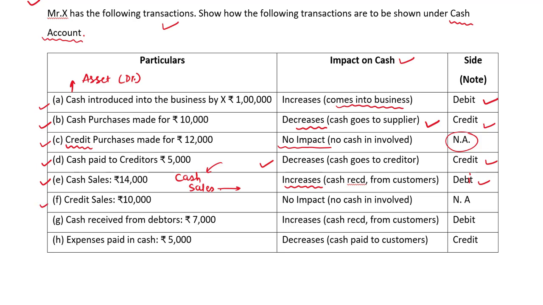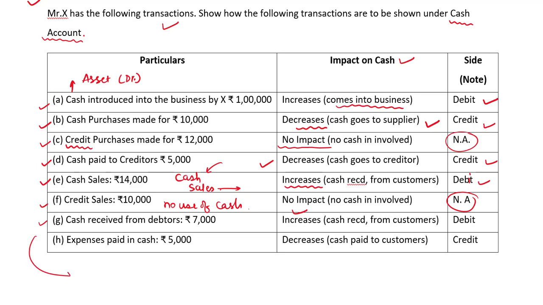Let's see credit sales. You had sold on credit basis, so there is no use of cash. No impact on cash will come over here. Not applicable.